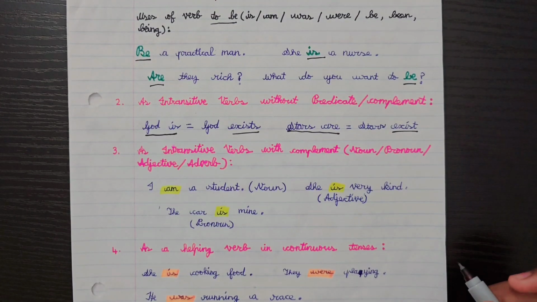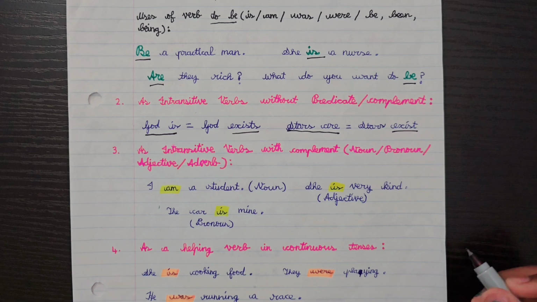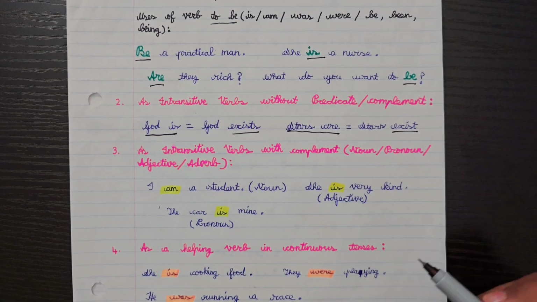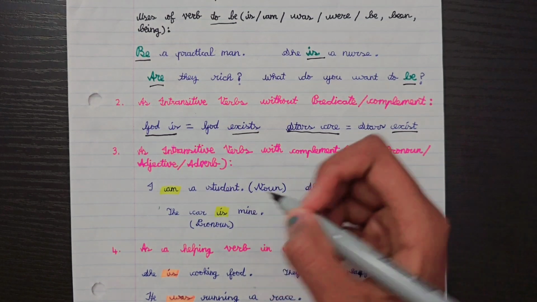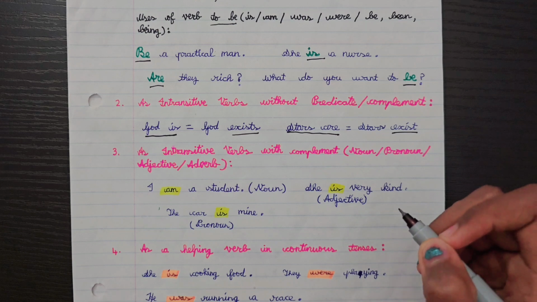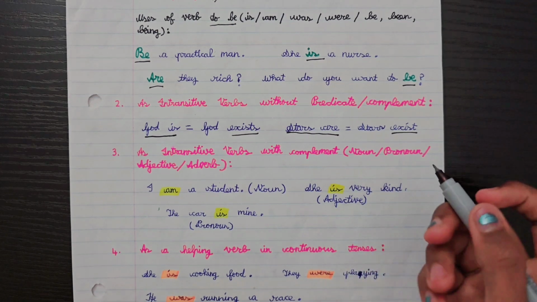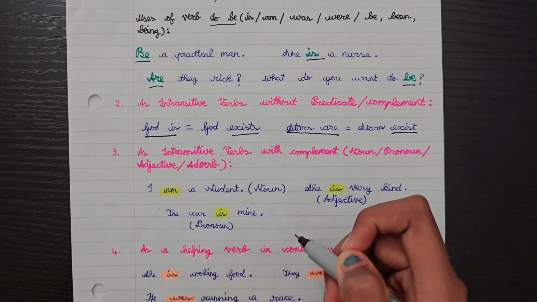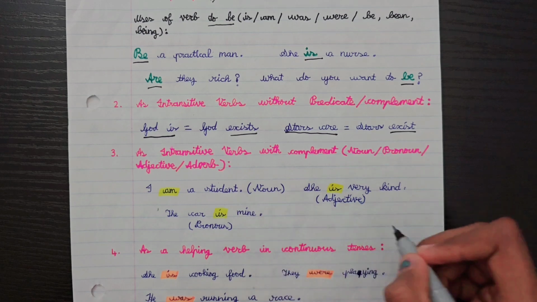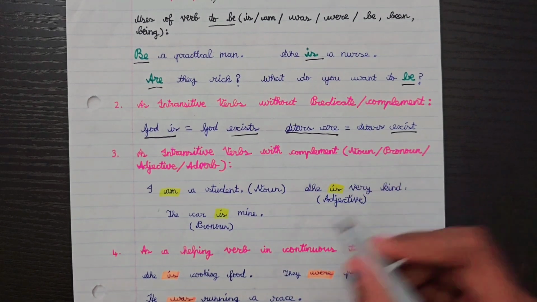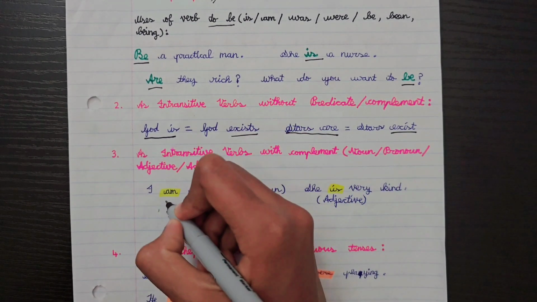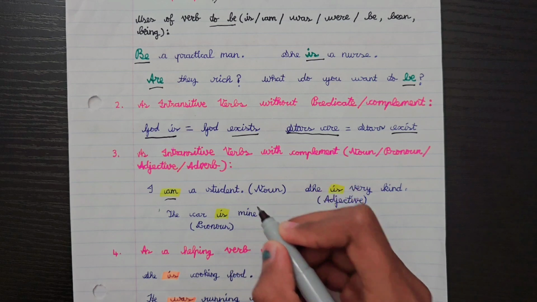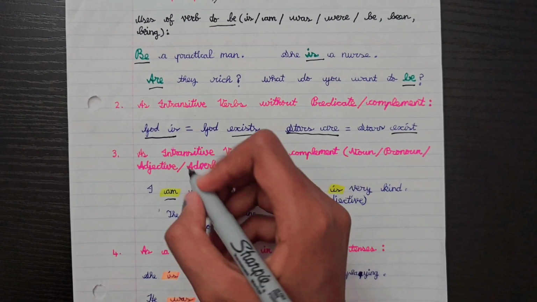Third function: as intransitive verbs with complement: noun, pronoun, adjective, adverb. For example, I am a student. She is very kind. The car is mine. In these sentences, there is a predicate. So, am is the intransitive verb with complement or predicate.